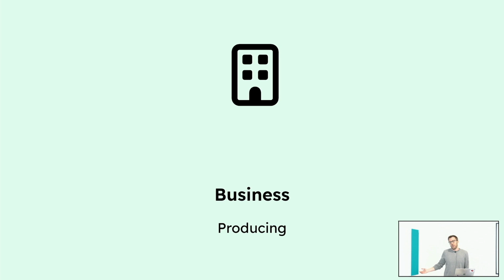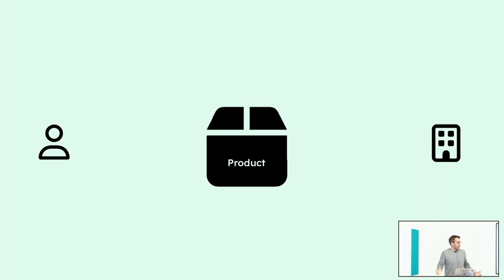And also there's a business dimension for sure, because in the end somebody has to produce and create these products. That's business. So in the end, the product is something in between the customer and user and the business. But what is this product in between, and what is the main reason why we have these products? It's for exchanging value.